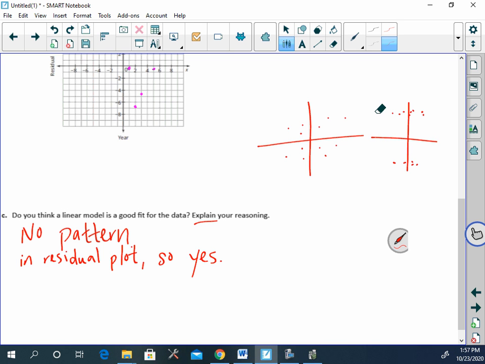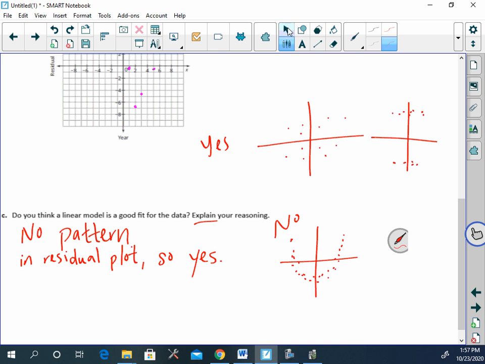So no pattern, this would be yes, a linear model would be good. Okay, but the no's are when there is a pattern. So sometimes, I think in the book, it was something like this, where it looked very curved, I would say. Then this one would be a no. So if you saw something like that, it would be a no.